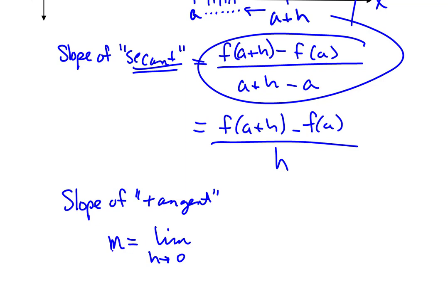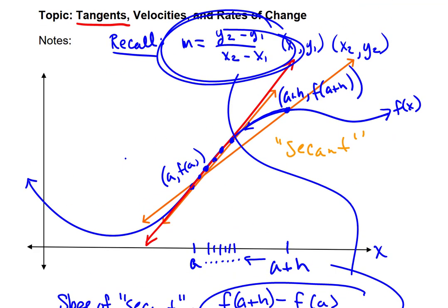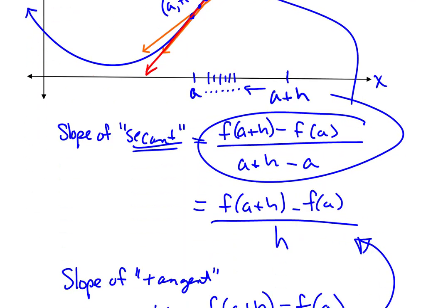So we'll say our slope of the tangent, m, is the limit as h approaches 0 of f of a plus h minus f of a all over h. That's exactly what we had said about the slope of the secant line. But now with this limit involved, we can call this the slope of the tangent line because we're getting these points so close together that they're essentially one point, which is what the whole idea was, right?